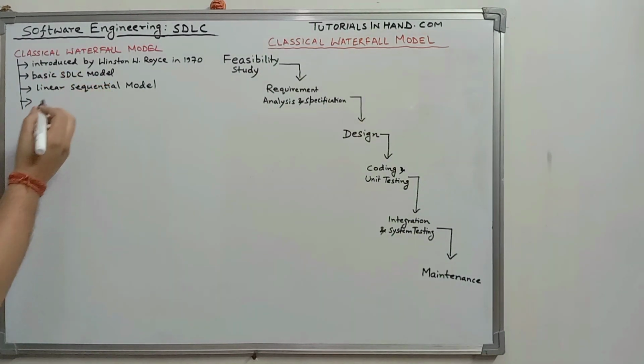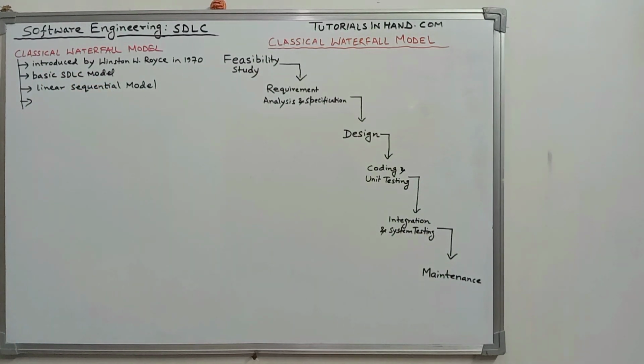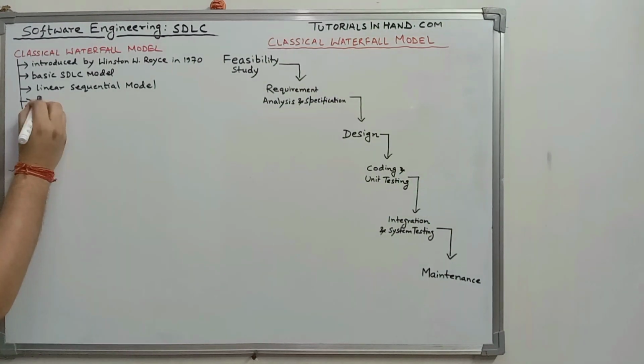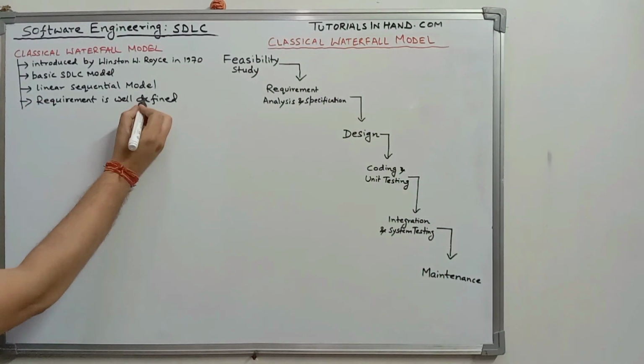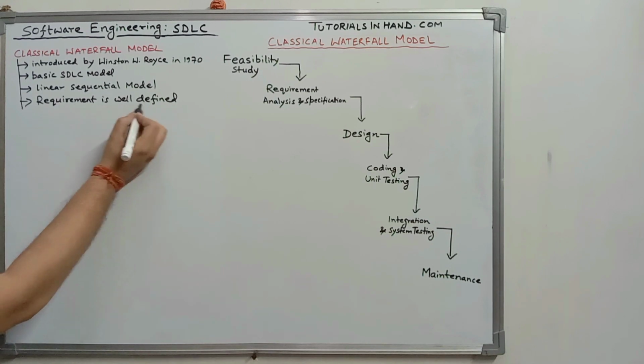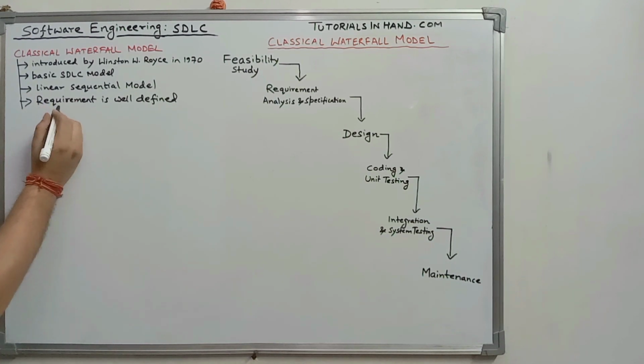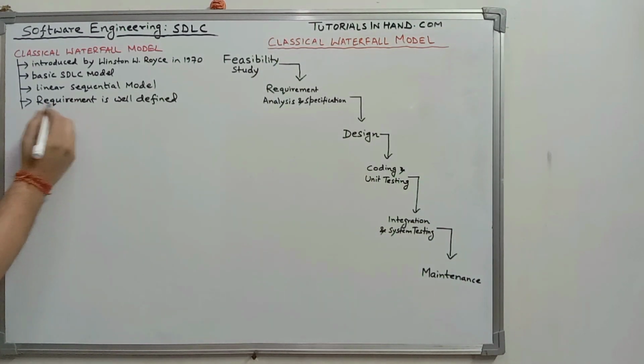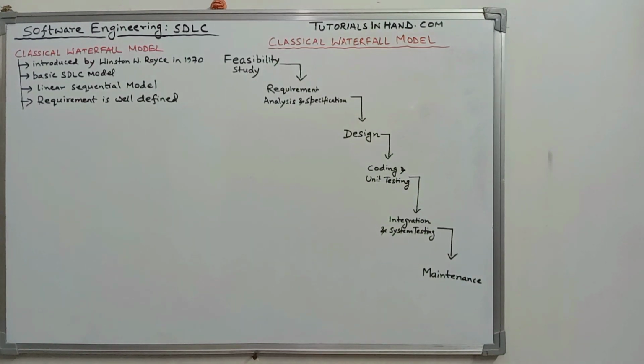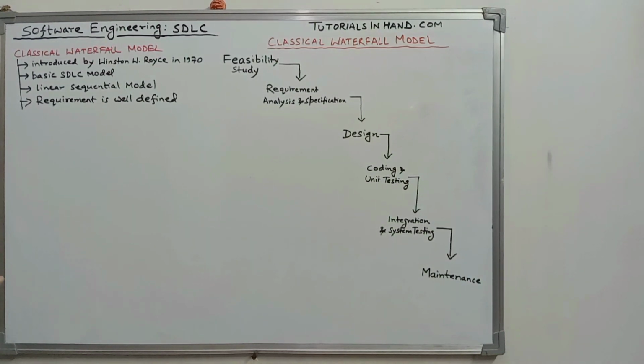The classical waterfall model is generally used for projects where the requirement, meaning what we need to make as a software product, is well defined. That means the requirement is very clear from the customer side. The client who has given you the project to make this software product is very clear.